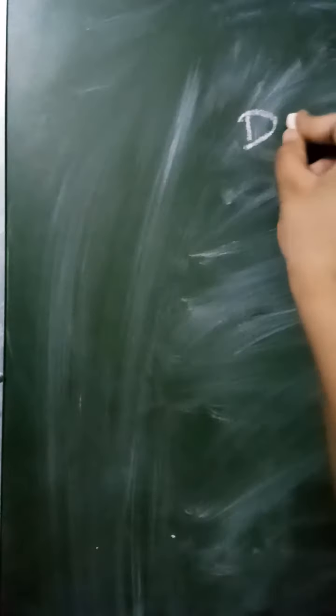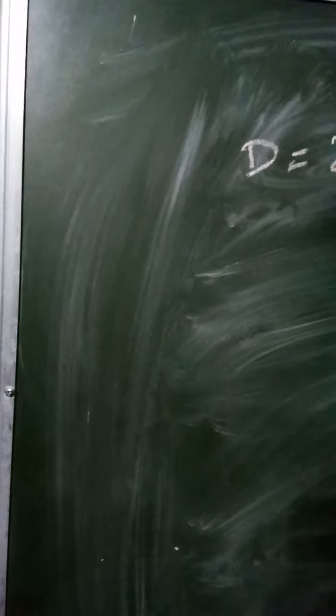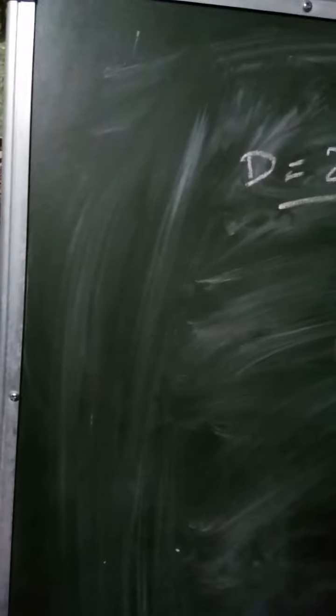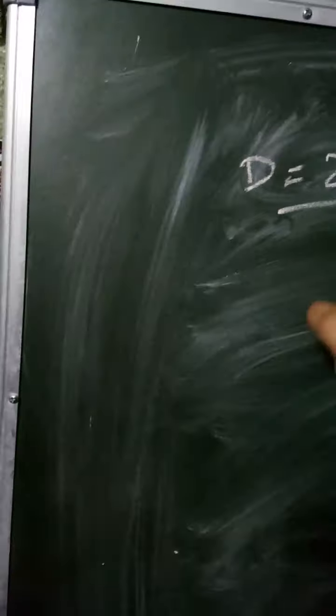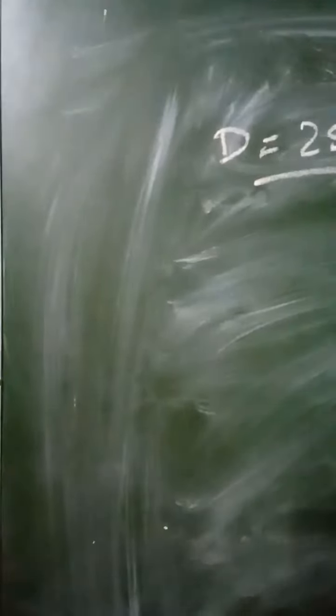So the minimum distance at which we see the object clearly is known as the least distance of distinct vision, and for the best case D is said to be 25 centimeter. This is the distance where we see the object clearly. Beyond that the object becomes blur.